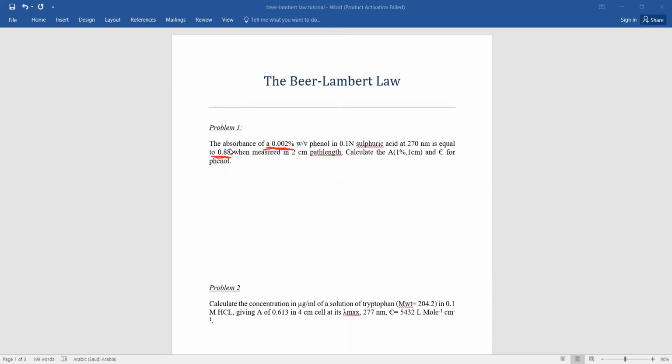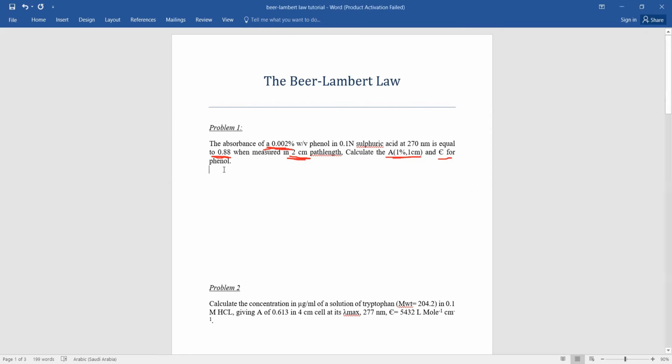When measured in 2 centimeter path length, so the path length or the B equals 2 centimeters. Calculate the A1% 1 centimeter and epsilon for phenol. Okay, so the requirement is A1% 1 centimeter and the molar absorptivity.